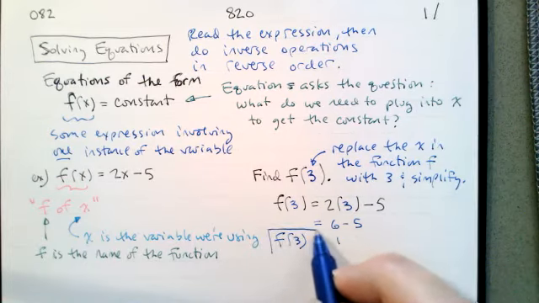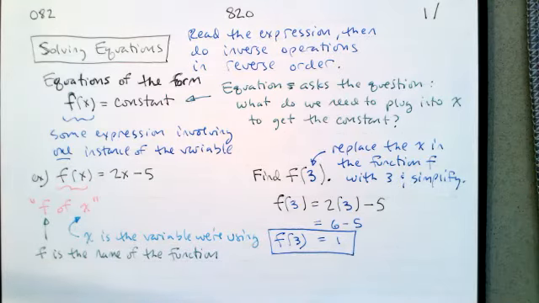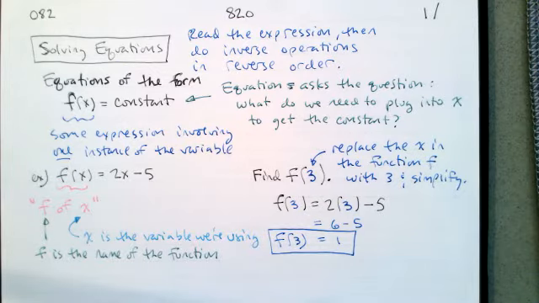This keeps both pieces of information in one statement. That's the benefit of using function notation. Just saying y is 1 when x is 3, f of 3 is 1, includes the input information and the output information in one statement.